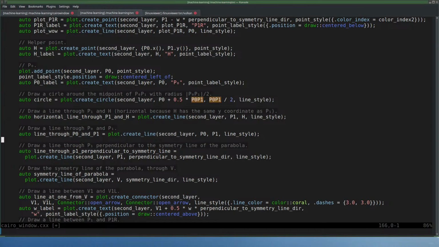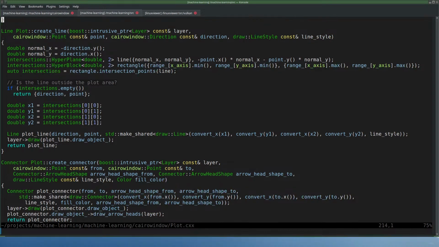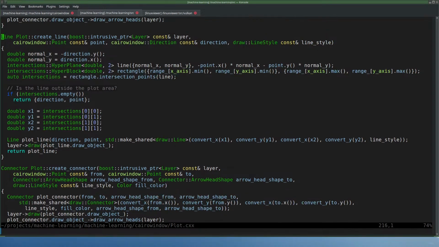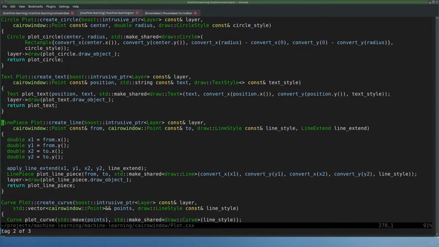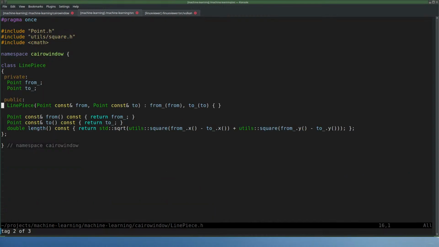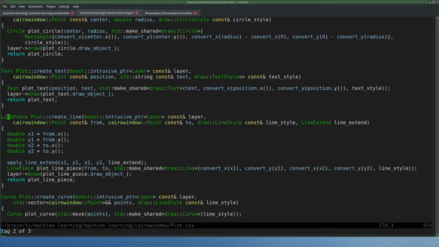Surely you have that already somewhere. Here's a line. I think this is a line piece. I could use this one. Okay, this is a create line from 2 points. What does that return? Returns a line piece. That's what I want. The line piece has a length and a to and a from point. It's also not really a vector. I think I can create a vector from a line piece though.